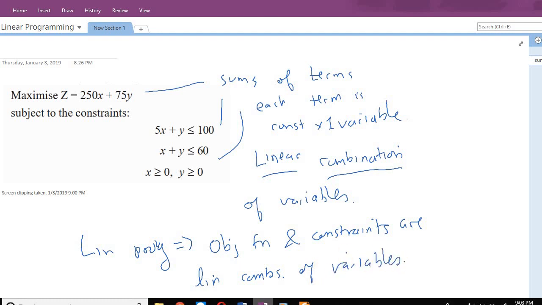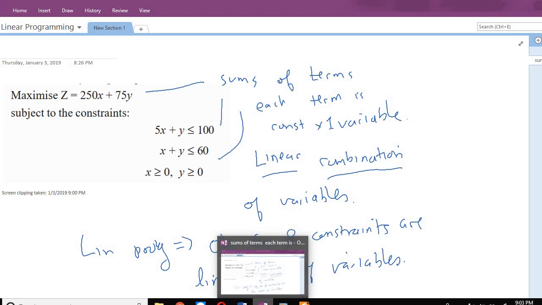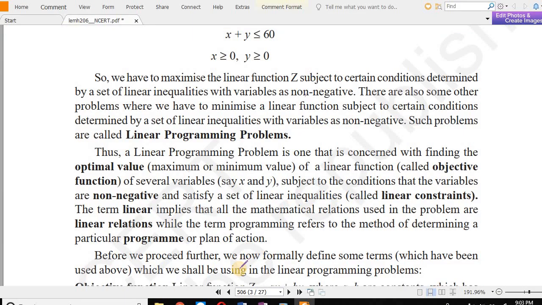Okay, so that's how you can recognize a linear programming problem. So to reinforce this terminology, we have a linear function which is the objective function, and it can involve several variables, and it's subject to conditions that the variables are non-negative and satisfy linear inequalities, which are linear constraints.